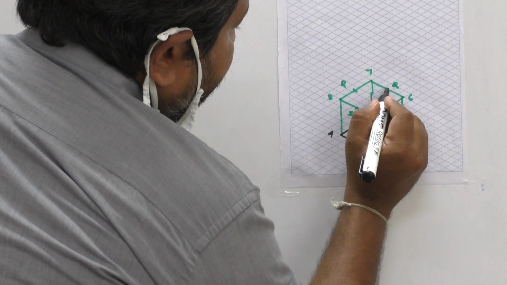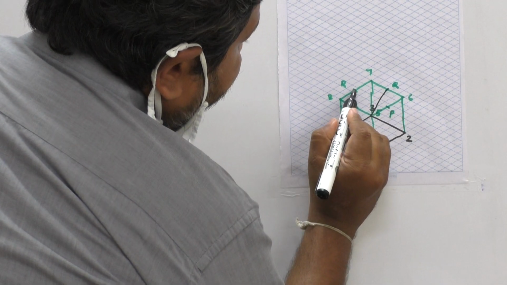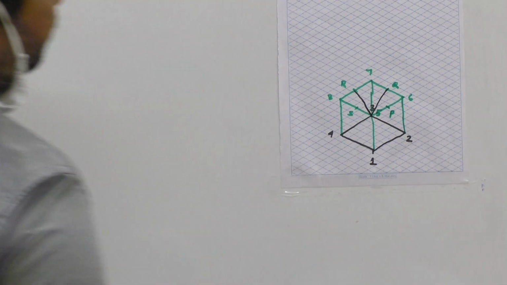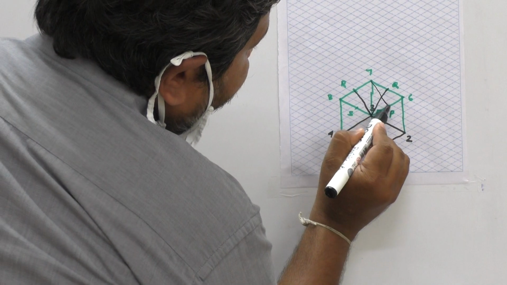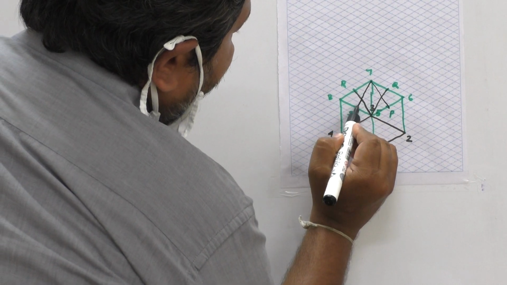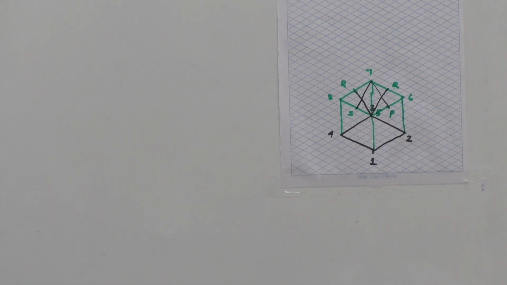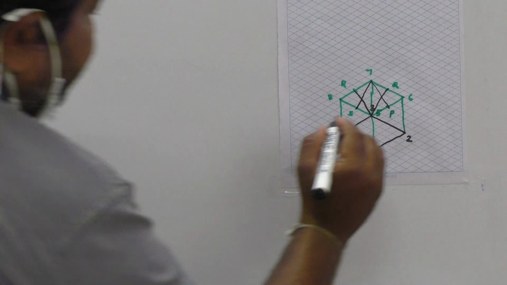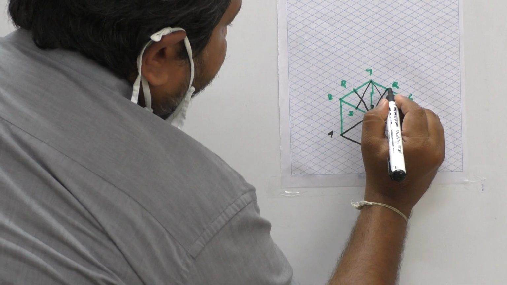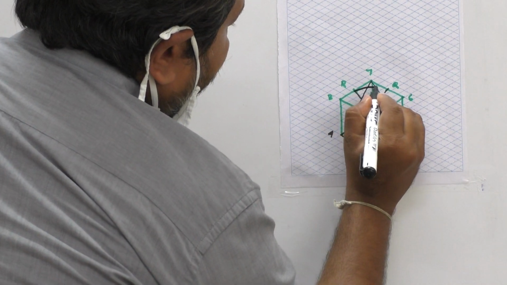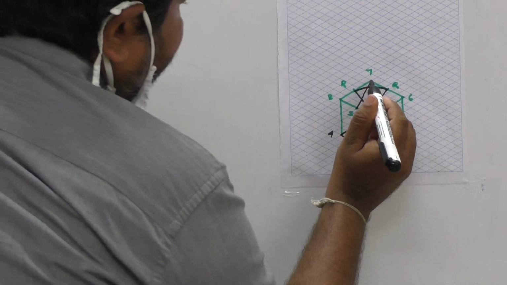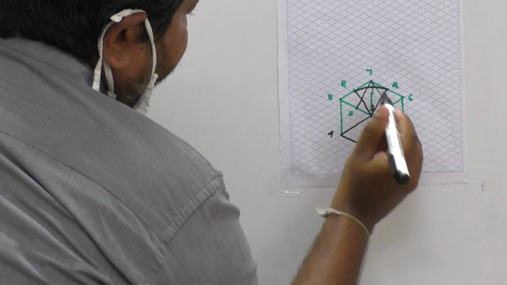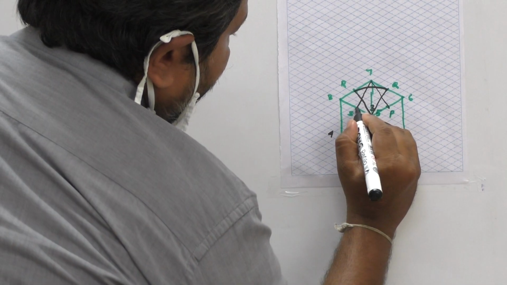Now join 5 to Q and 5 to R. Similarly, join 7 to P and 7 to S. Now take the compass, keep 5 as center and 5Q as distance, and draw an arc. Similarly, keep 7 as center, 7P as distance, and draw one more arc.